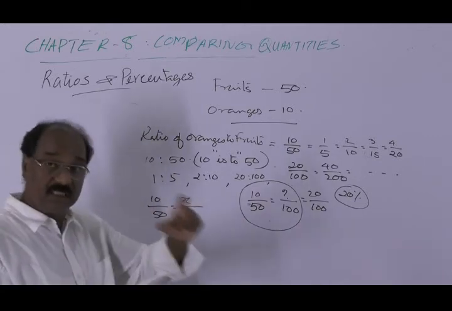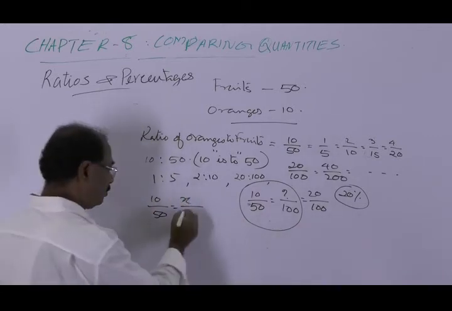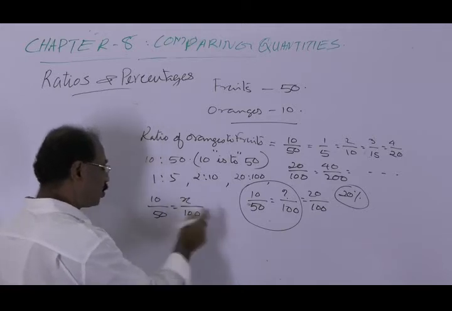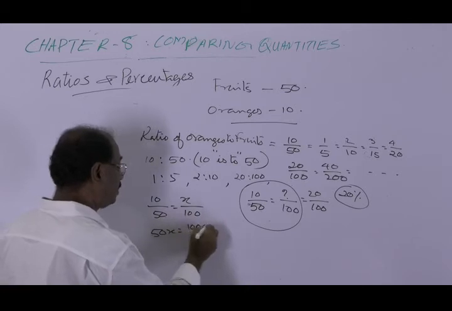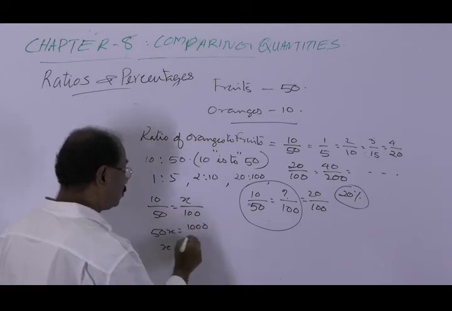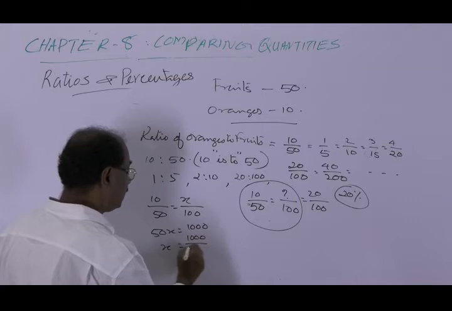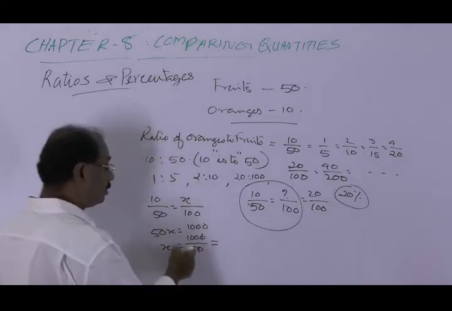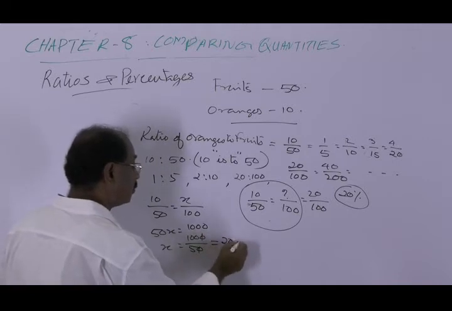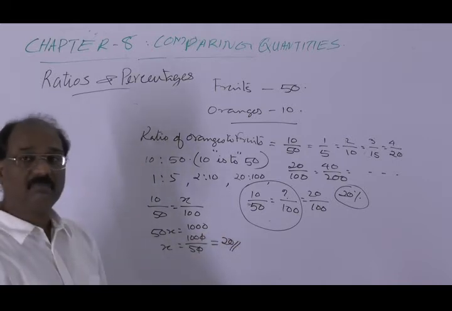Cross multiplying, 50x is equal to 100 into 10, which is 1000, and x is equal to 1000 divided by 50, which is 20. So 20%.